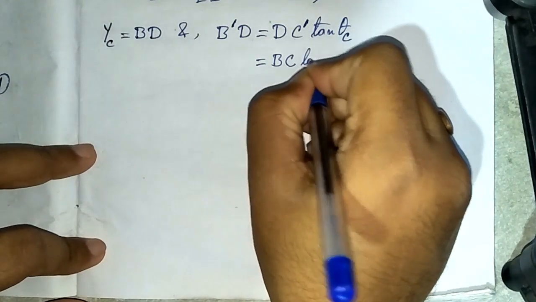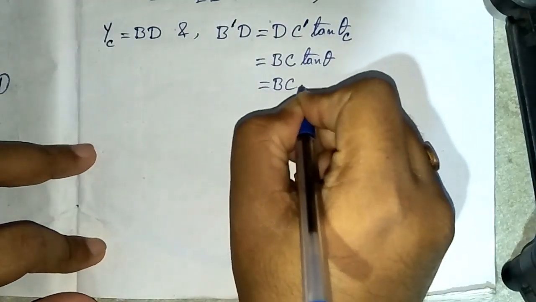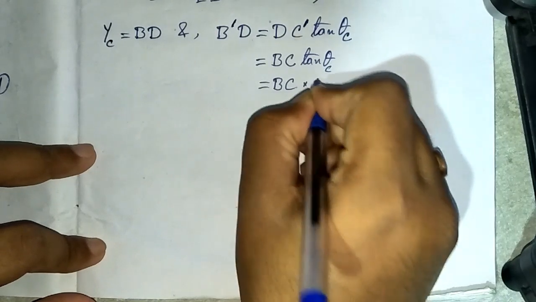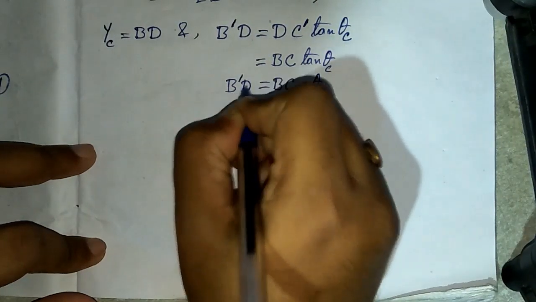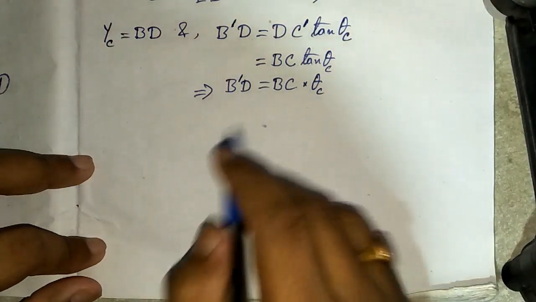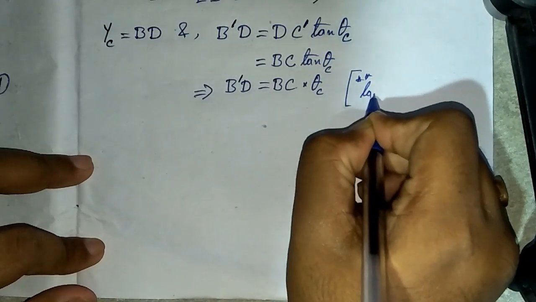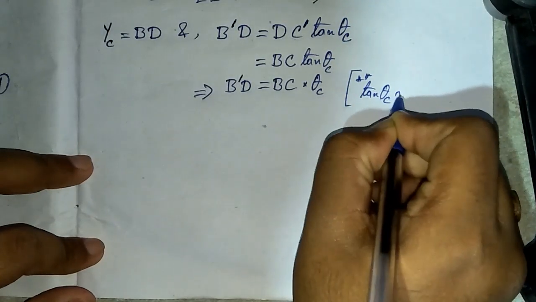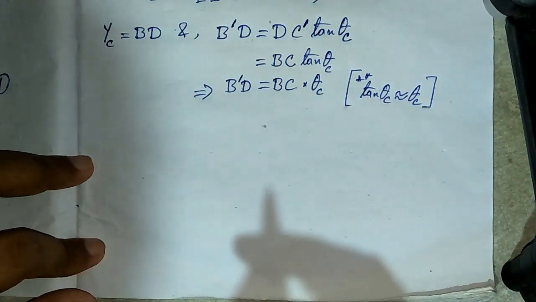So B dash D is equal to BC into theta c, because tan theta c is nearly equal to theta c, since the value of theta c is very small.